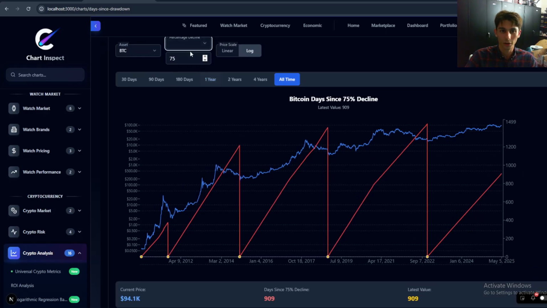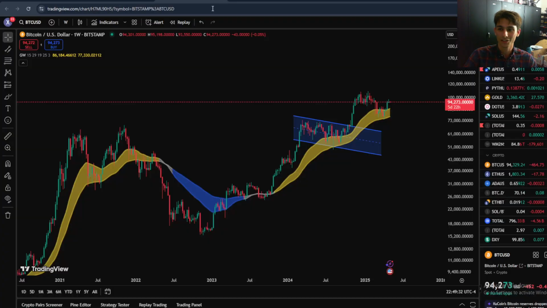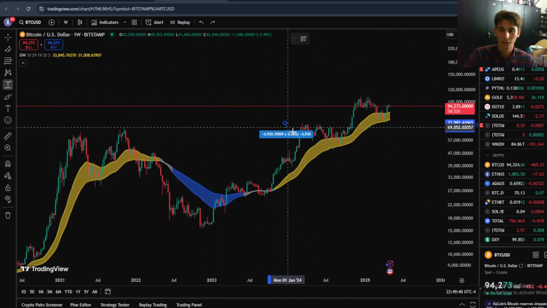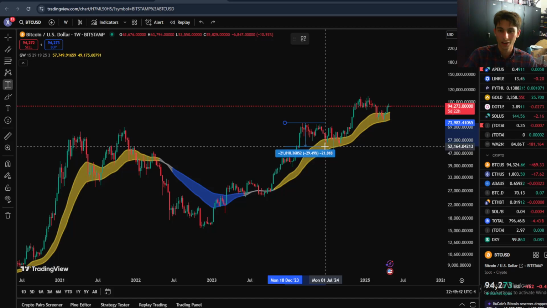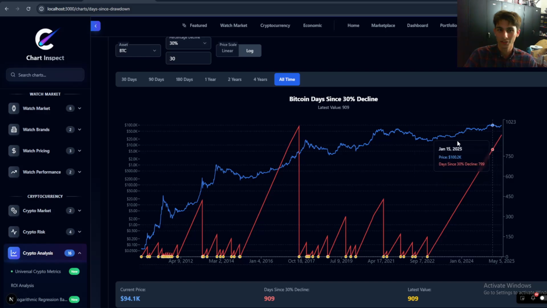So let's say we wanted to check out 30% declines, which is also a very interesting chart to look at. So here you can see that we haven't really experienced a 30% drop, even though it kind of seems like we have. If you just take a look at the charts here, I don't actually have the close price on mine, so it has gone below 30% in some cases, but I don't have the close price.